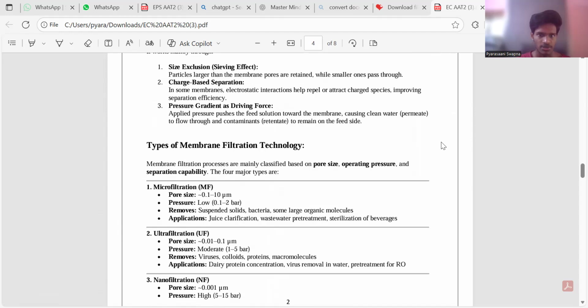Membrane filtration processes are mainly classified based on pore size, operating pressure, and separation capability.